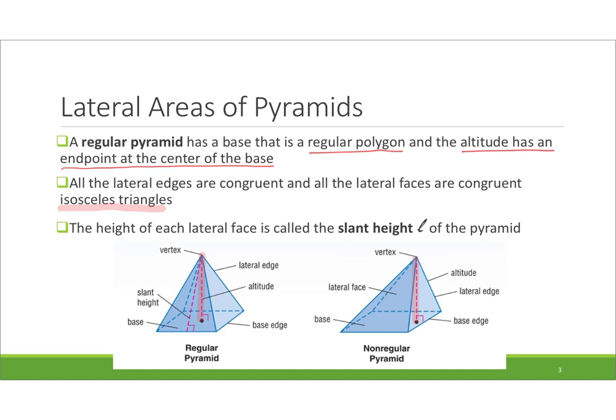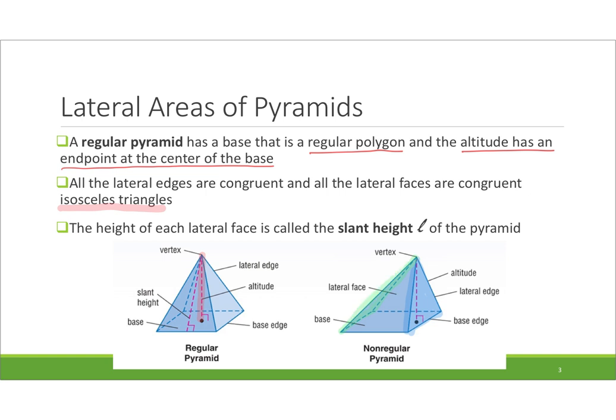With non-regular pyramids, because you either have an irregular base or because the altitude is off-center, the lateral faces going up are no longer isosceles triangles, or they're no longer all congruent isosceles triangles. So this face right here that I'm highlighting in blue could be a different size, and probably is, than this green face.